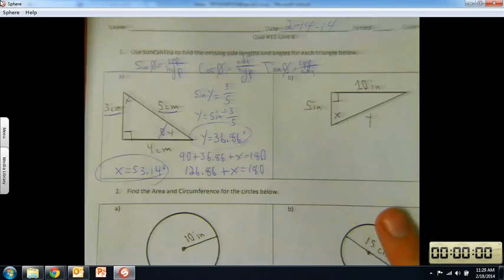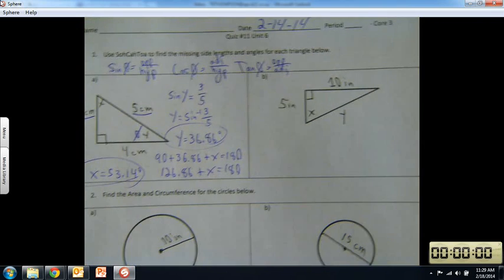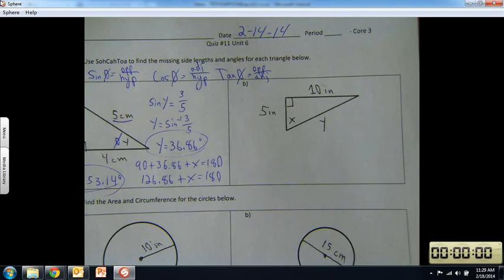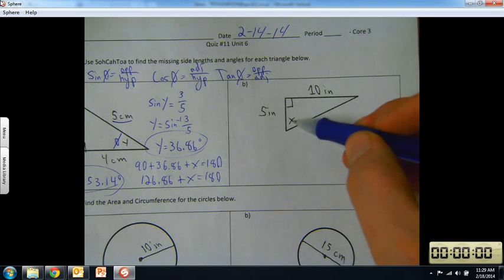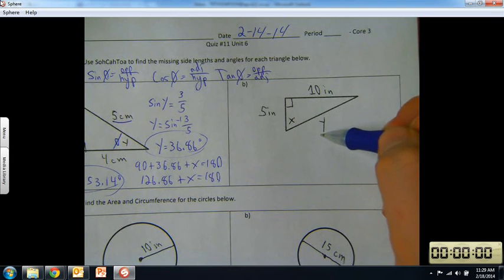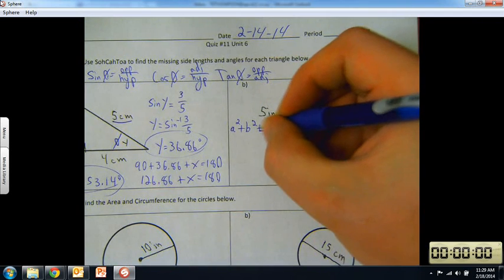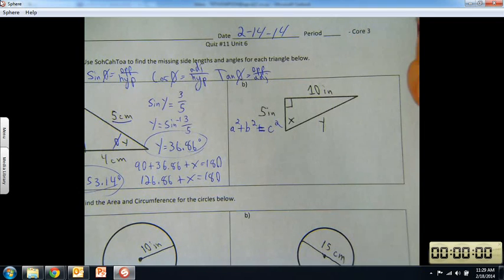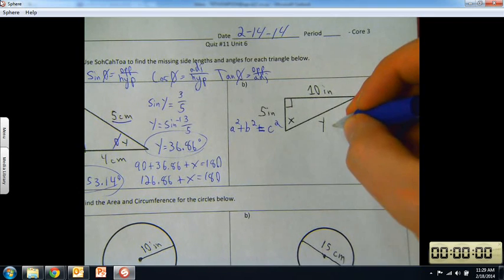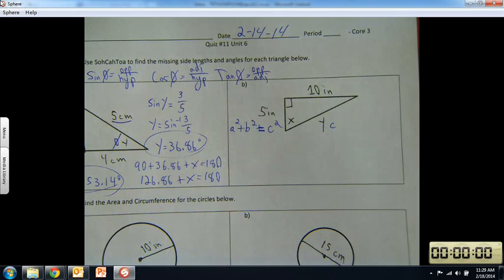Let's shift over to B. Now, on this one, same kind of idea, but now you need an angle and a side length. So, for the side length, we could use SOHCAHTOA, or we could use the Pythagorean theorem, which is a squared plus b squared equals c squared. Now, c is always the hypotenuse, always the longest side.